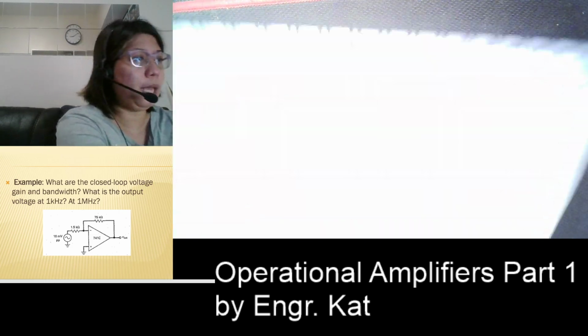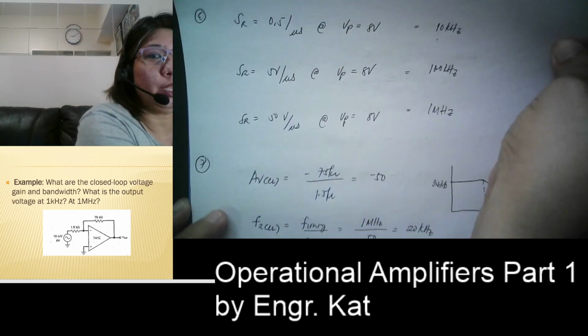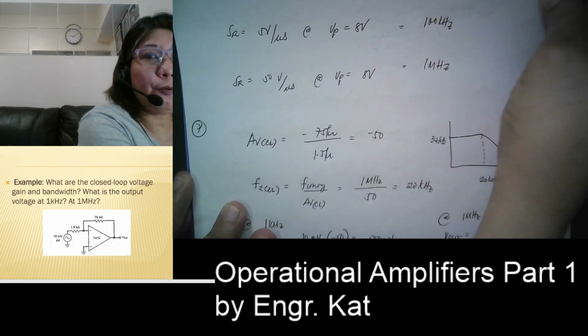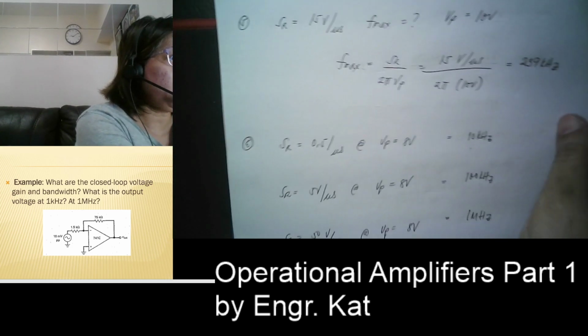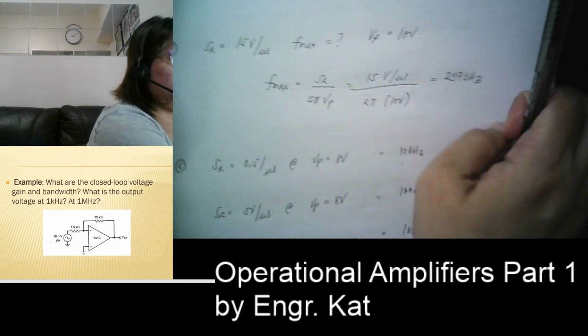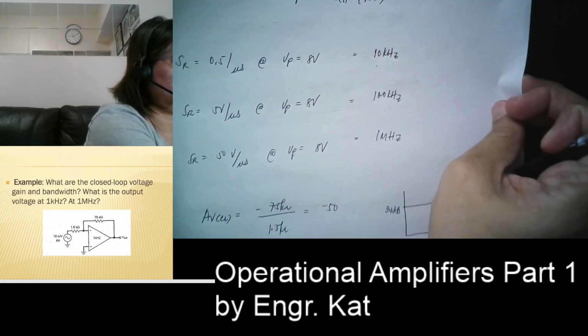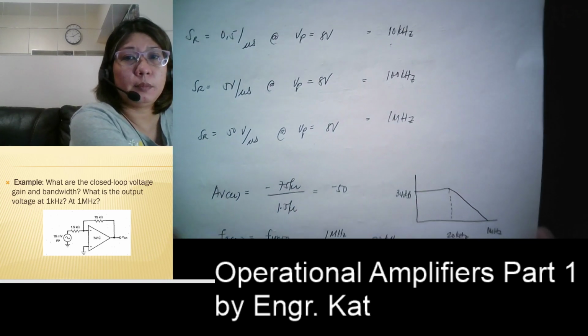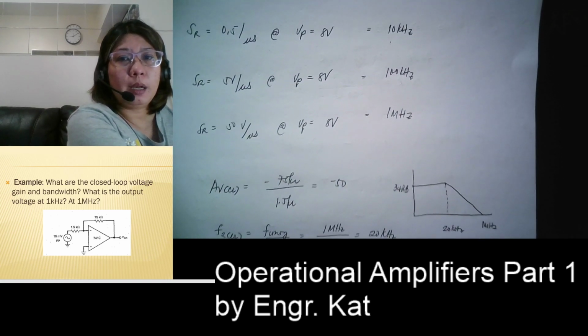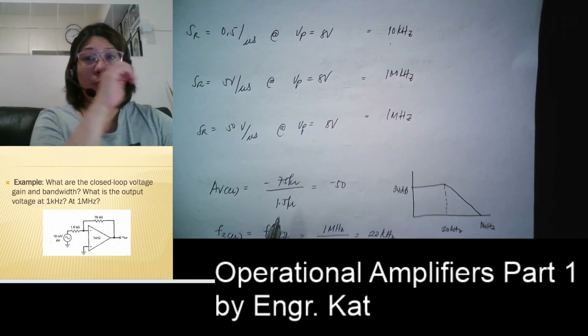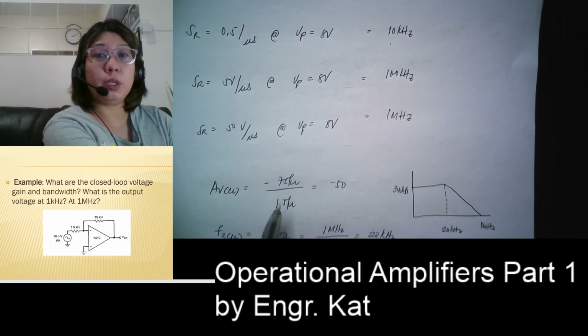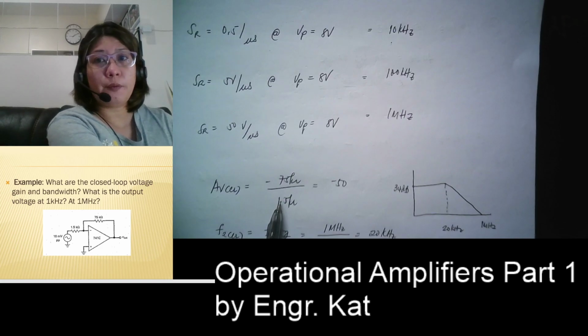So the voltage gain is very simple. How do we solve for the voltage gain? The voltage gain is equivalent to negative RF, which is your feedback resistance, divided by R1.